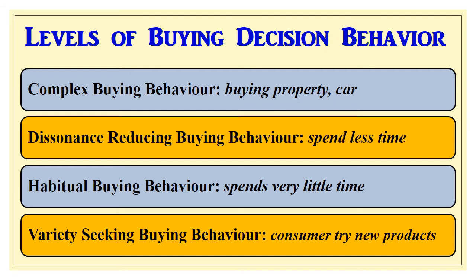behavior. Then third comes habitual buying behavior. This situation takes place when the consumer buys out of habit or skips steps in the purchase process. So the customer wants to spend little or no time on shopping, and the same brands are usually repurchased, often from the same retail shops.